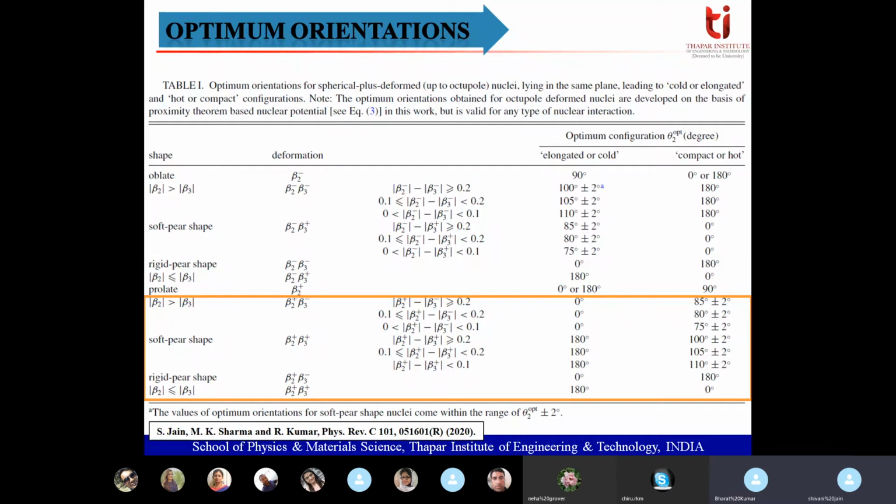So mostly it depends on the Coulomb part, right? Because in the Coulomb case you have added some orientation expression. You have given some value. If you go to the previous slide, you have mentioned the total potential is equal to VC plus VN, right? So VC is equal to something.